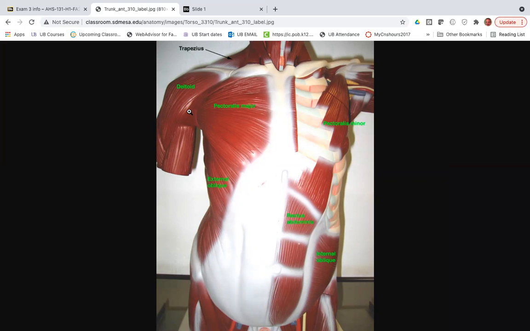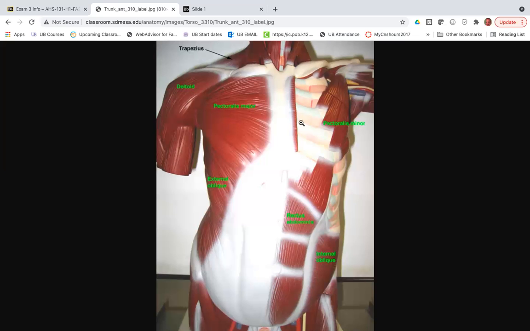Now we know why we did all the osteology, because now you can visualize the bicipital groove or the intertubercular groove. But that's where pec major inserts, right between the greater and lesser tubercle on the bicipital groove. Here's the anterior deltoid.